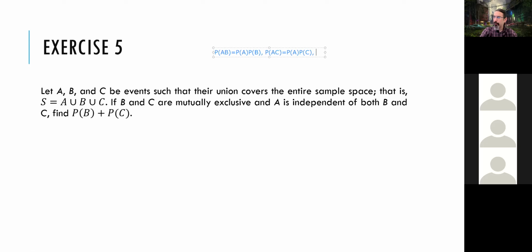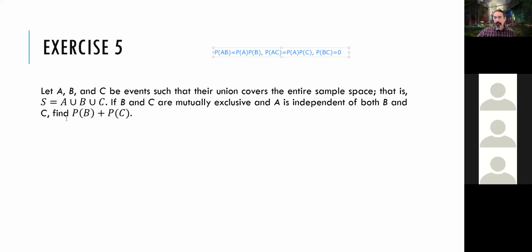And the first one says that probability of B and C is 0 because they are mutually exclusive and they don't have any items at all. So these 2 parts of information give us these equations.